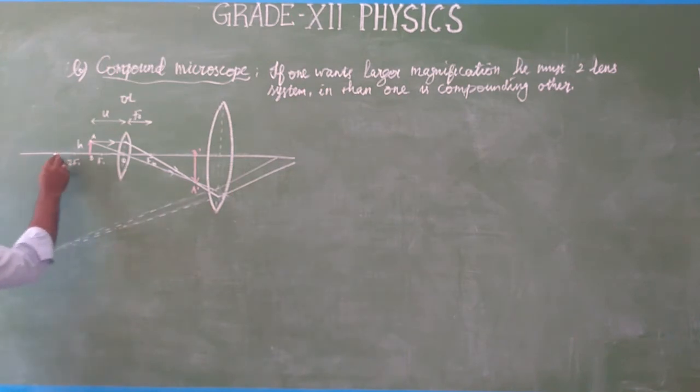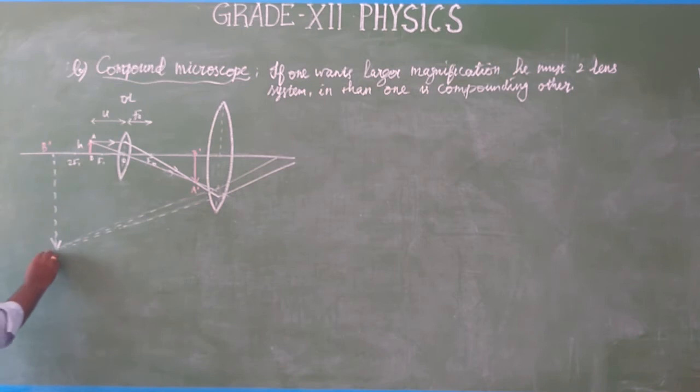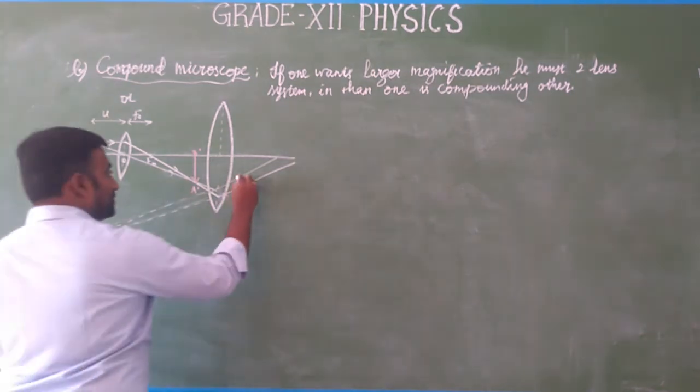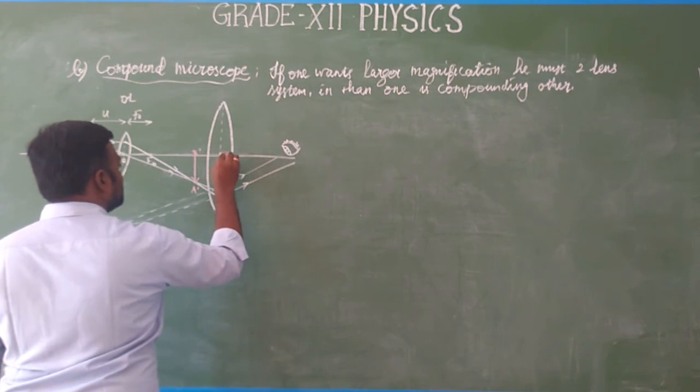The final image is obtained on the same side as the object, and it is enlarged. This can be observed by our eye, and this is the eye lens.